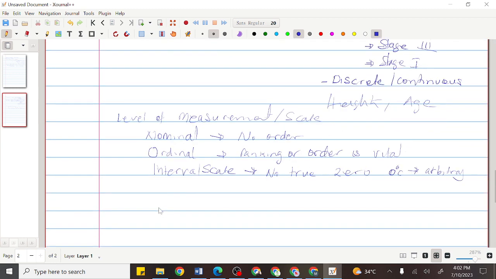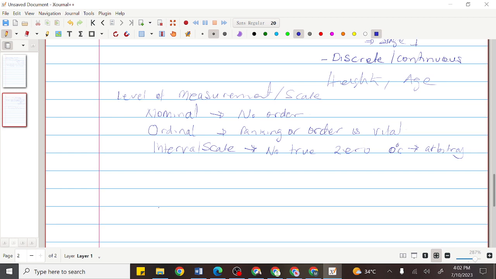So the fourth level of measurement, or scale of measurement, is what we call the ratio scale. Okay, with ratios, you are having one quantity divided by the other. It doesn't matter whether the quantity is the same or not.